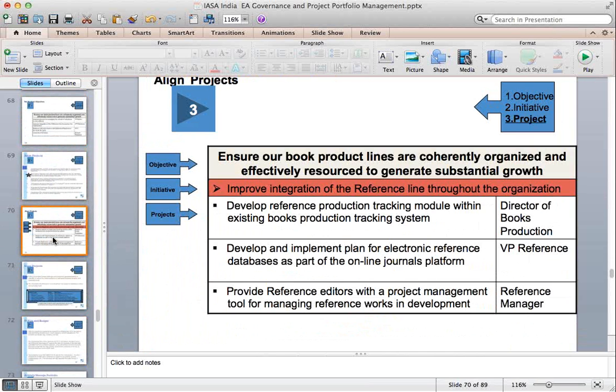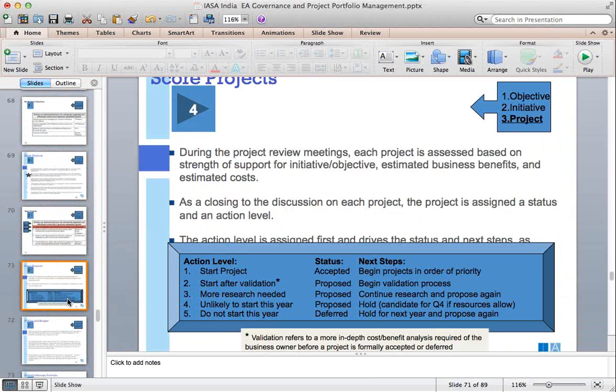Because of these discussions and alignment of projects, there might also be benefit in eliminating redundancies of earlier projects or programs running within the organization to do the same. So it is very niche to look at the alignment of projects.